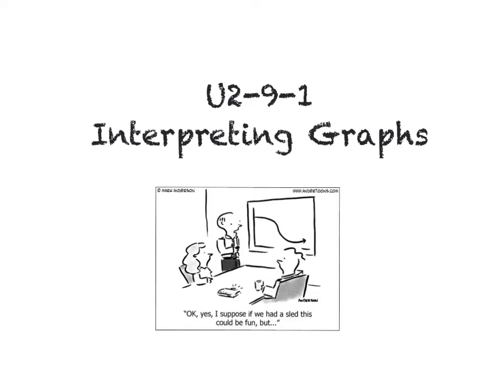Hi guys, tonight we're going to continue our discussion of interpreting graphs, and we're going to focus again tonight on independent and dependent variables and how we get that information from graphs.